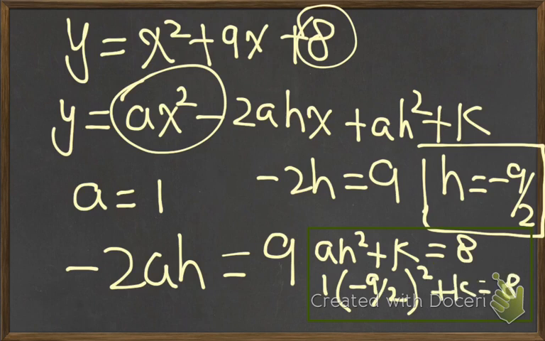So (minus 9 over 2) the whole thing squared is basically 81 over 4. So k will be equal to 8 minus 81 over 4. And how much is that? Let me just check it. 8 minus 81 divided by 4. So basically the answer is the same, minus 49 over 4, and k will be equal to minus 49 over 4, which is minus 12.25.